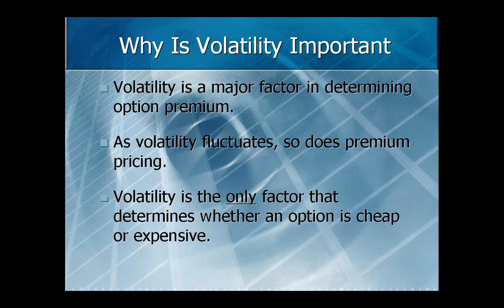And as I'm going to show you, volatility is the only factor that determines whether an option is cheap or expensive. Now, when I say cheap or expensive, if you think about the 3-line chart and what Pete and your coaches have taught you when analyzing that chart, you know that if the stock price is near that lower band, we say that stock is currently relatively cheap. And if the stock price is at the upper band, that stock price is currently relatively expensive.